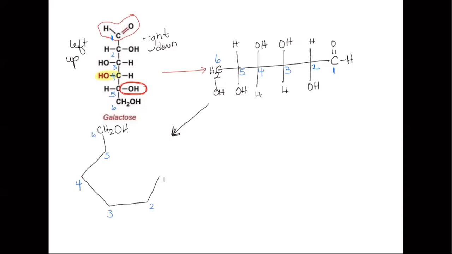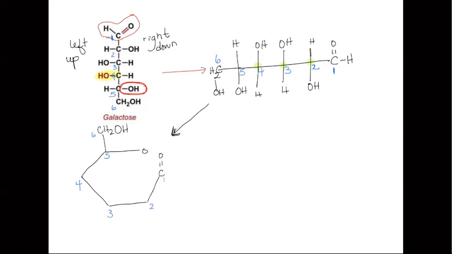Now, when I start filling this in, the up and down that you see in the tilted Fischer projection will only apply to 4, 3, and 2. Because in carbon 5, you will see an OH, but that OH must be pointing this way because that's what's going to connect to the carbon in the carbonyl, which is carbon 1.